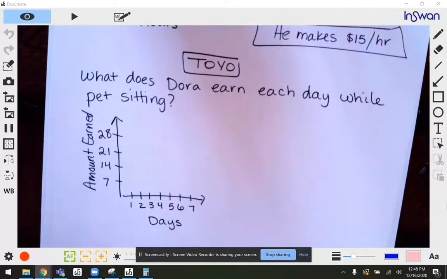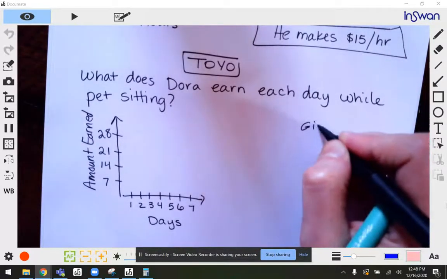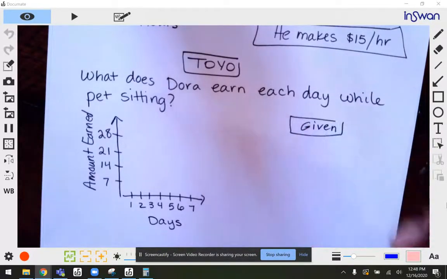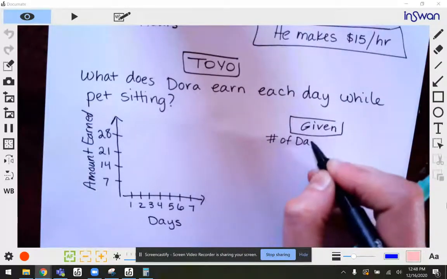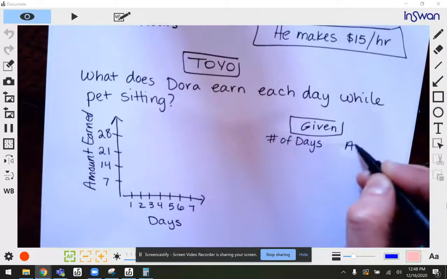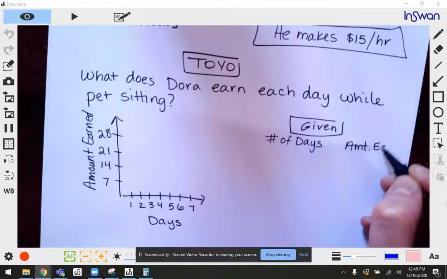Okay, and in this situation, you're given a table. So it has number of days on this side and amount earned on this side.